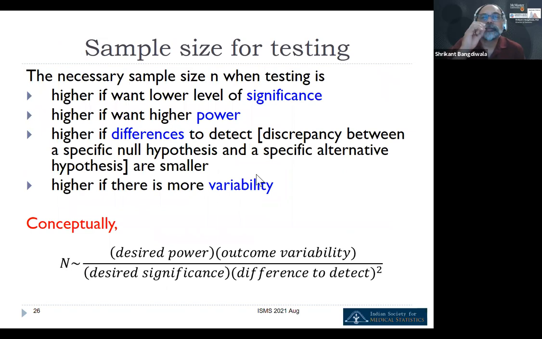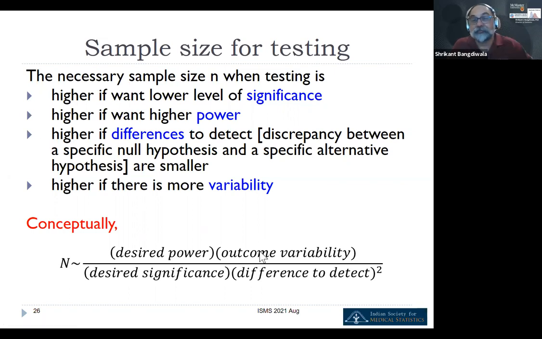Well, the conceptual formula for every sample size calculation for testing is given down here. And that is that your sample size is going to be directly proportional to the power. The more power you want, the higher the sample size. And also to the variability of the outcome. So the higher the variability, the higher the sample size.